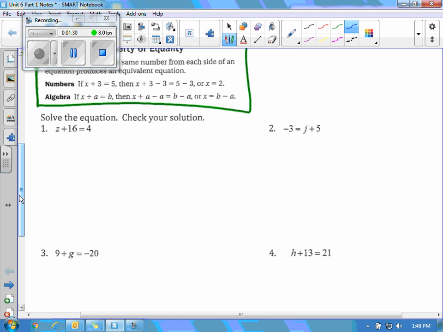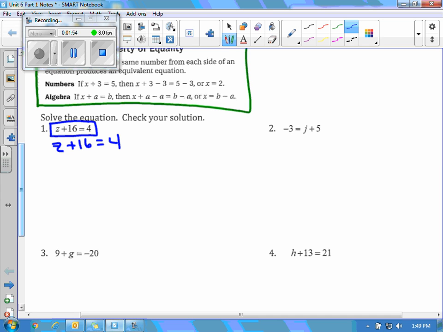So our first question is z plus 16 equals 4. Again, we know it's an equation because there's an equal sign. The first thing I want you to do is box the original and then rewrite it. Z plus 16 equals 4. Now, we said that we're going to use inverse operations. If you look over here on the left side, I'm doing z plus 16, addition.